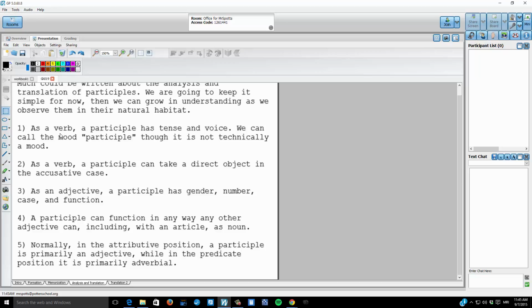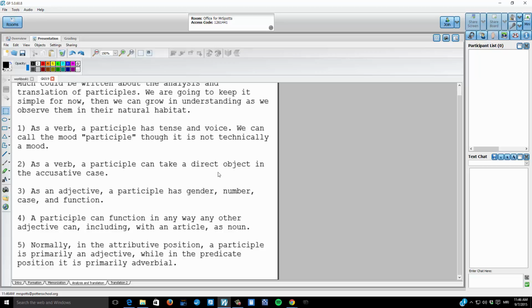But we'll remember, as a verb, it has tense and voice. We can call the mood participle, if the grammar police allow us to. And as a verb, a participle can take a direct object in the accusative case. As an adjective, it has gender, number, case, function.